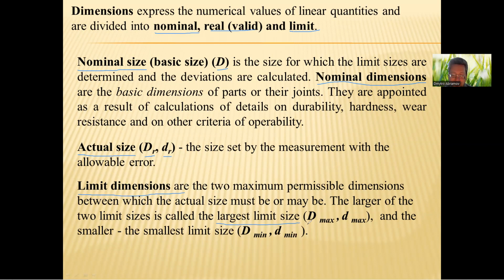D suffix maximum. For holes, it will be big D suffix maximum. For shafts, small d suffix maximum. It's the largest limit size. And the smallest limit size, D suffix minimum. For holes, big D suffix minimum, and for shafts, small d suffix minimum.